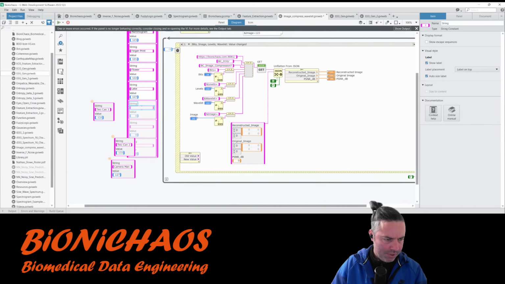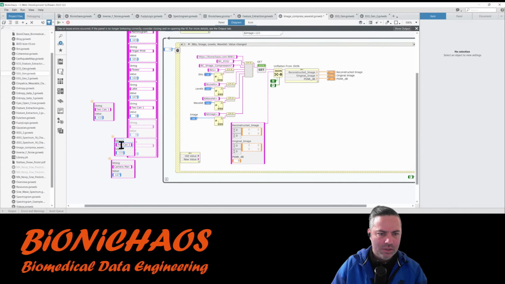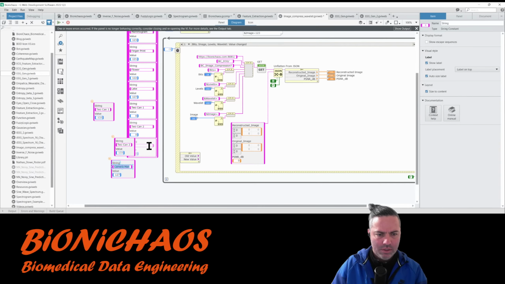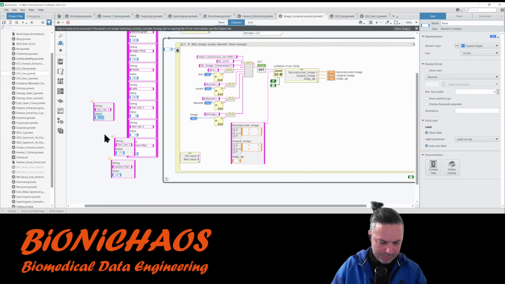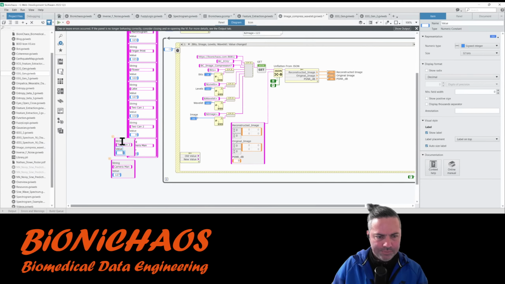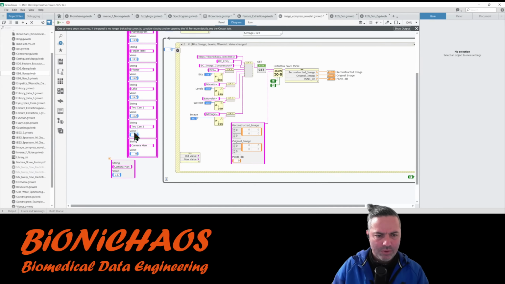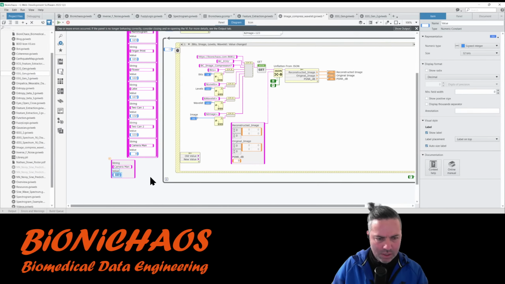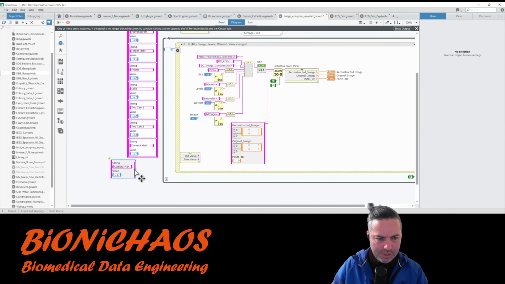Edit manually. And this one, 132. Get rid of that. 133. 127.